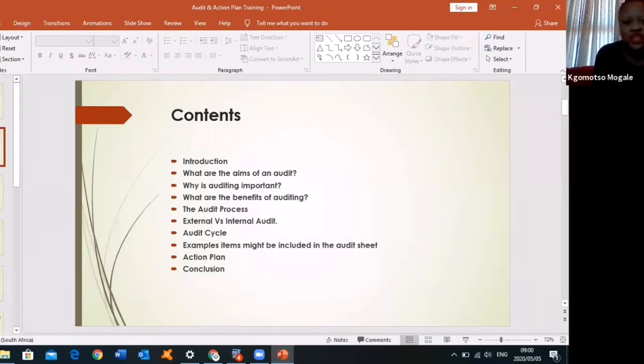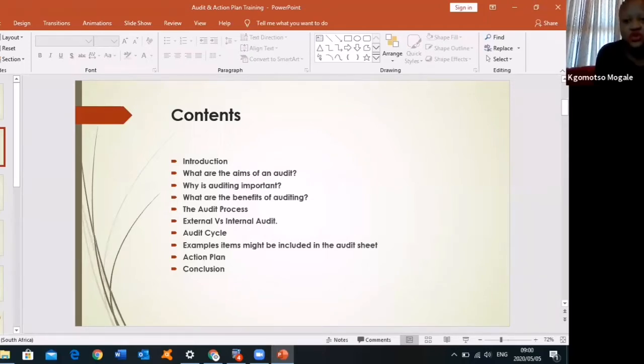We'll start with the introduction, and also we'll go to what are the aims of the audit, why is auditing important, what are the benefits of auditing, the audit process. Those are the stages of auditing. We'll go through also the internal and external audit, the audit cycle, and examples of the items that might be included in the audit sheet.